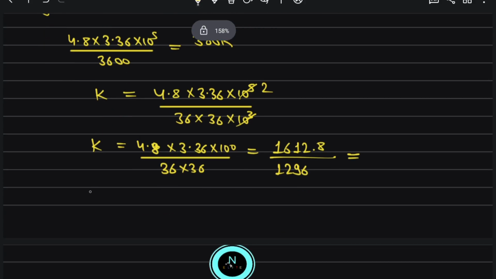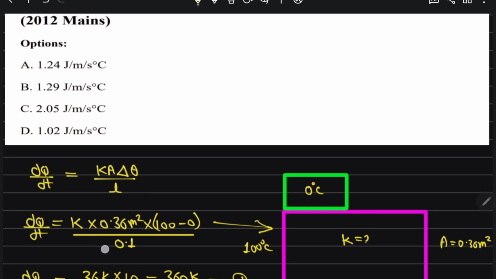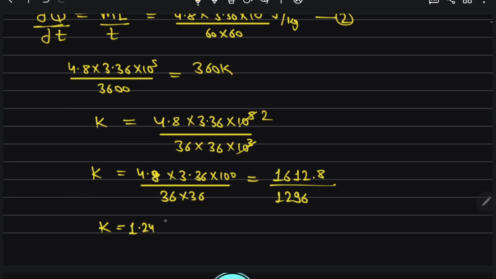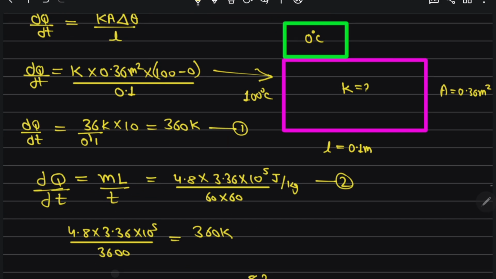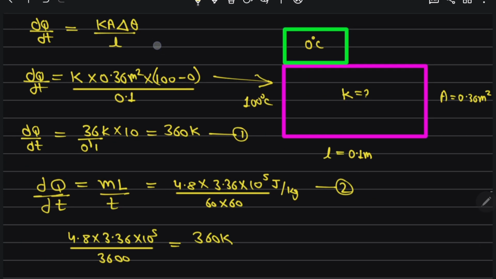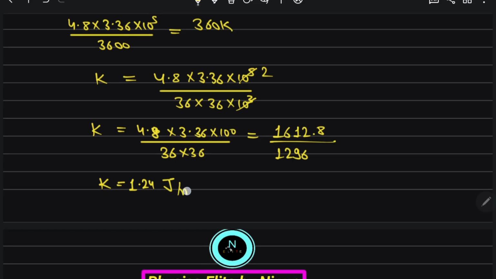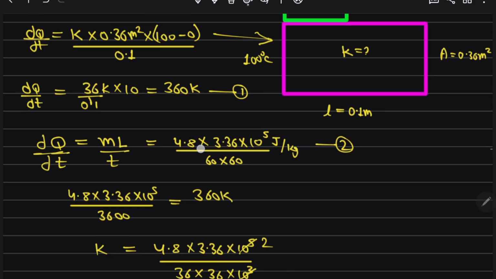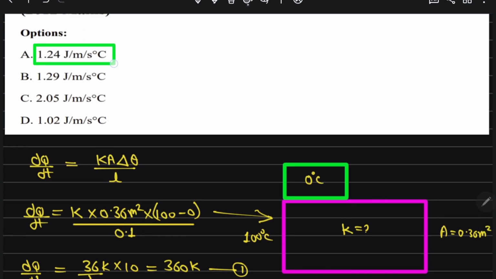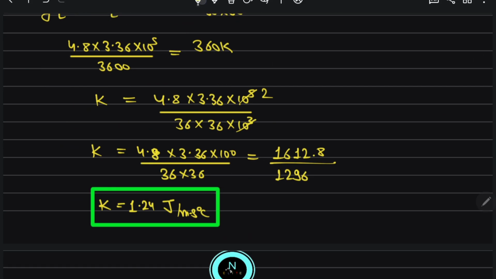So K comes out to be 1.24 joule per meter per second per degree Celsius. So which option? Option A is correct.